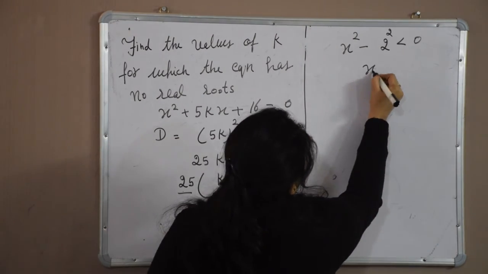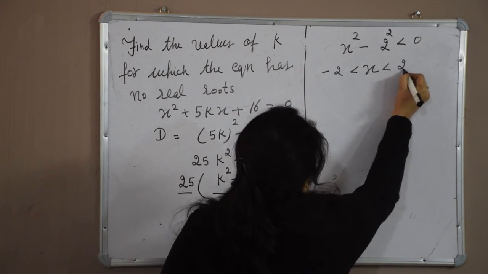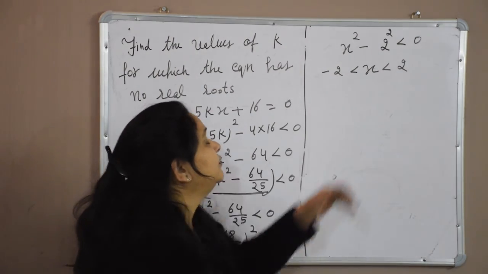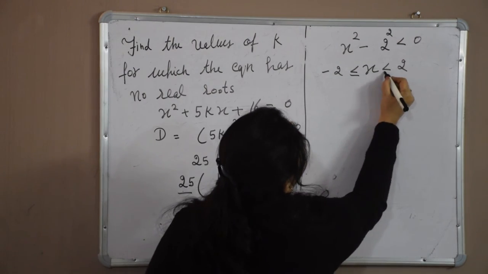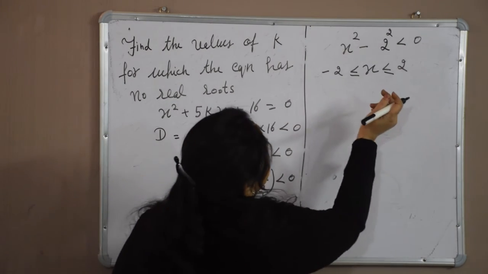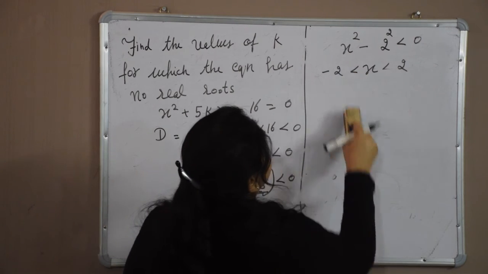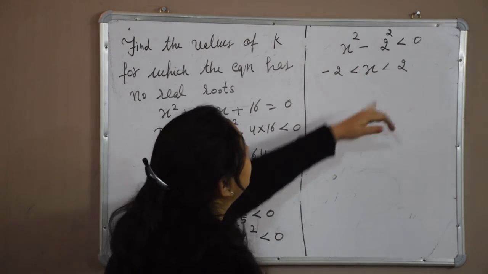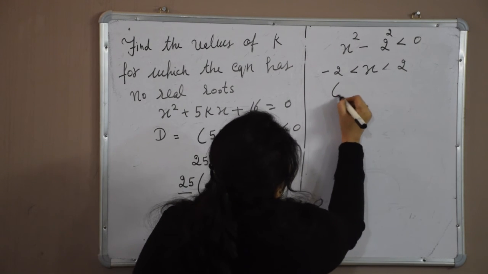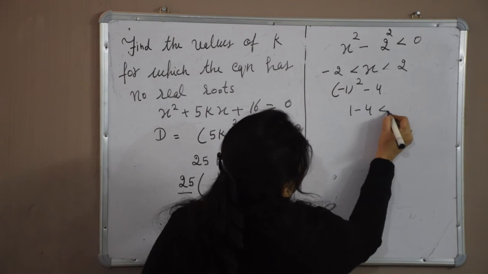Then in that case x should be greater than minus 2 and less than 2, meaning x should lie between minus 2 and 2. We can't take equality here. Suppose I take minus 1: minus 1 square minus 4, that is 1 minus 4, which is less than 0.